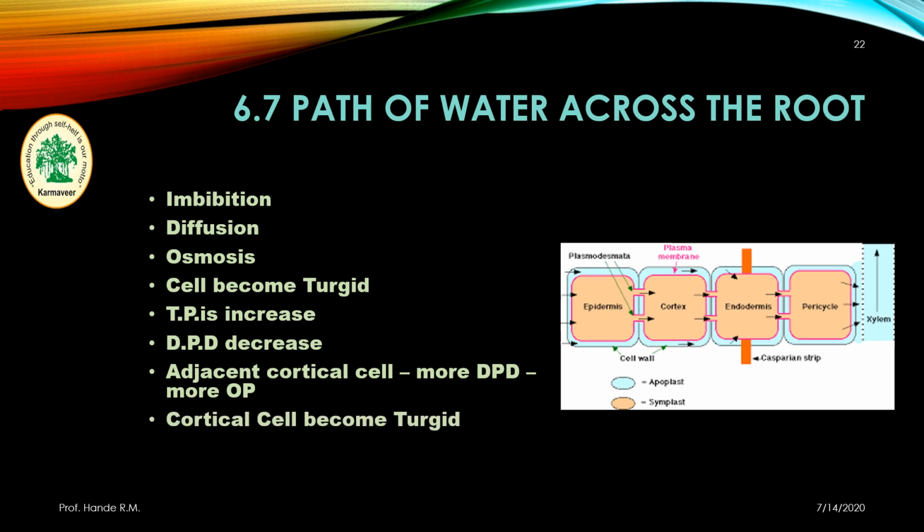The cortical cell becomes turgid, and the flaccid root hair cell now absorbs water from the soil.